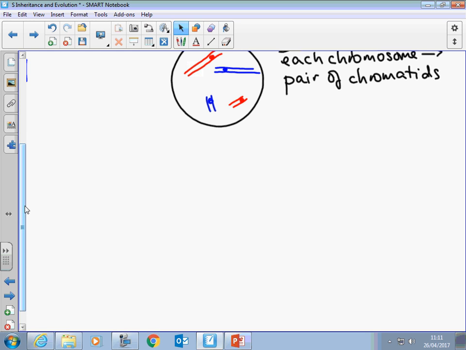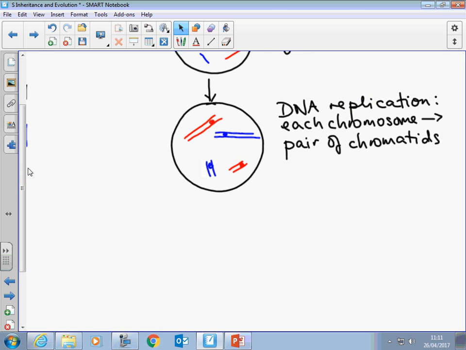So once we've got them hanging around together, they can exchange parts with their matching pair member in the bivalent. I'm not going to draw it. I'm just going to explain it and then give you the outcome, and then we'll use the diagram in the handouts. The long red and the long blue hang around as a bivalent.